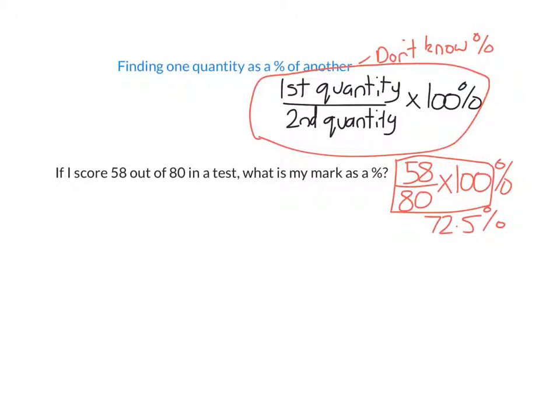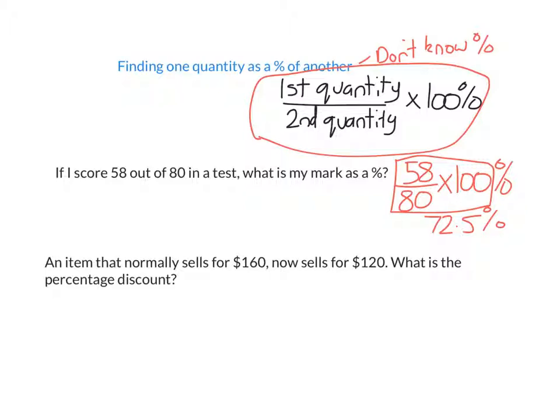We once again need to be able to apply this to financial math. So let's look at some financial questions. An item that normally sells for $160 now sells for $120. What's the percentage discount? So here we know that the discount is $40, that's easy. But what we want to do is turn that into a percent, and that's what these kinds of questions do.